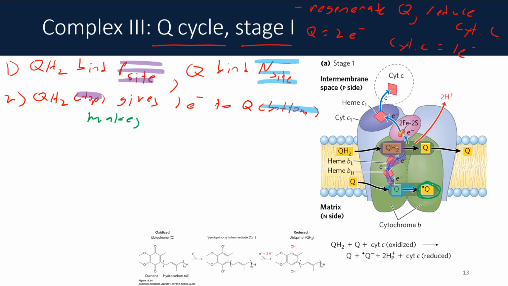When we lose an electron from QH2, it also becomes Q dot minus, semiquinone. So 2 semiquinones are made, one in the top position and the other in the bottom. And I will again highlight that.